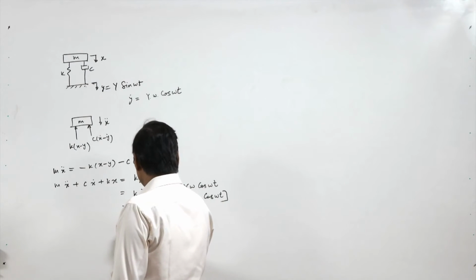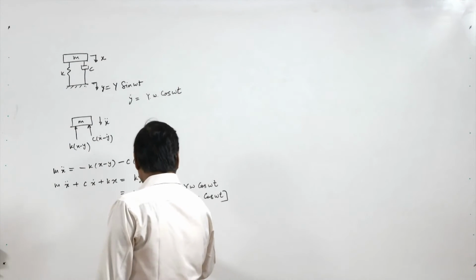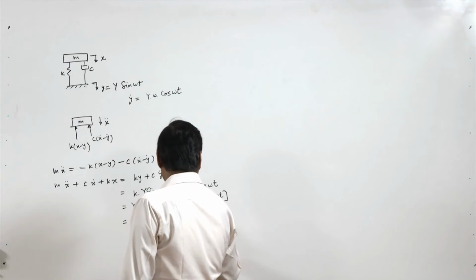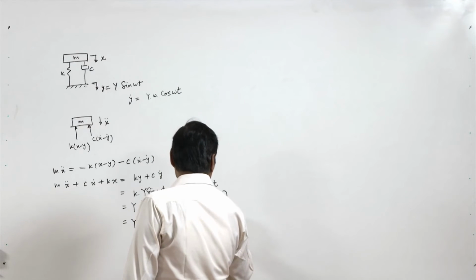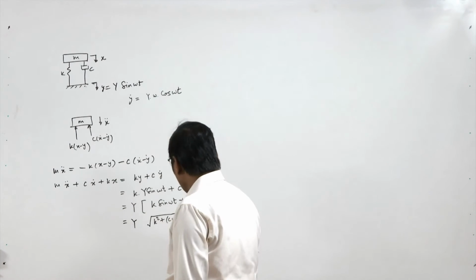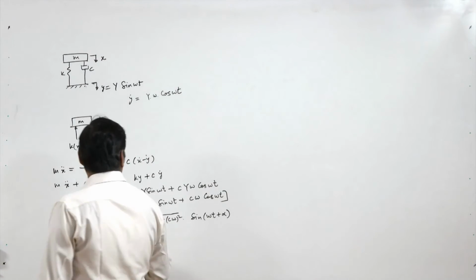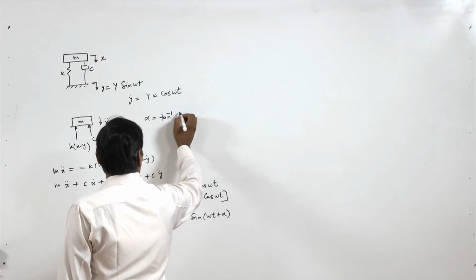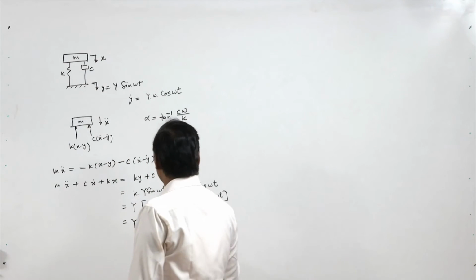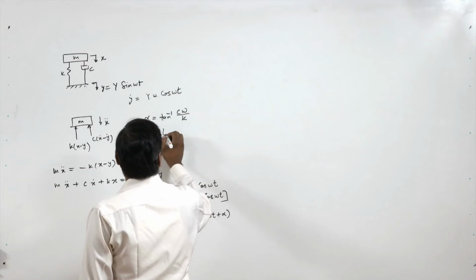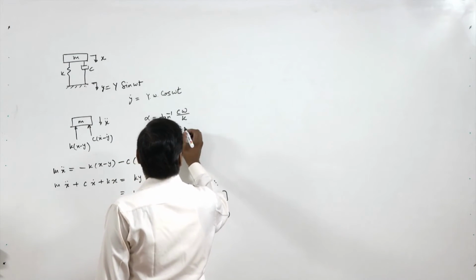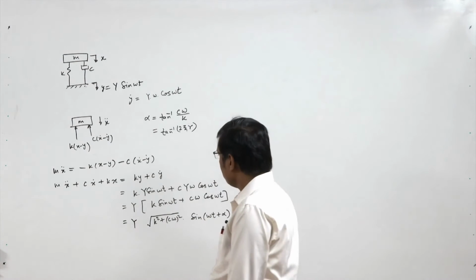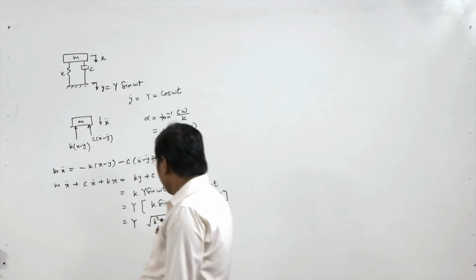So we have Y root of (k square plus (c omega) whole square) into sin (omega t plus alpha), where this alpha equal to tan inverse of c omega by k, and this is tan inverse of 2 zeta r. Okay.